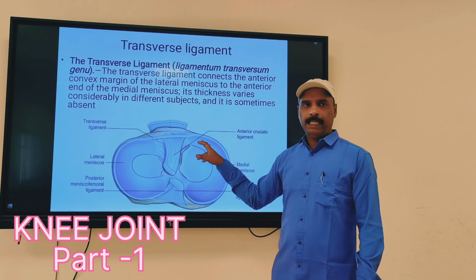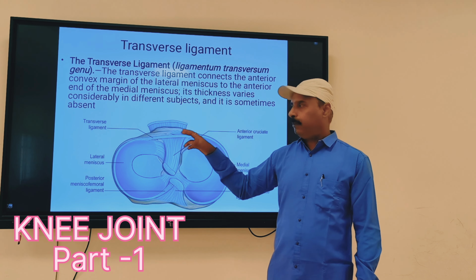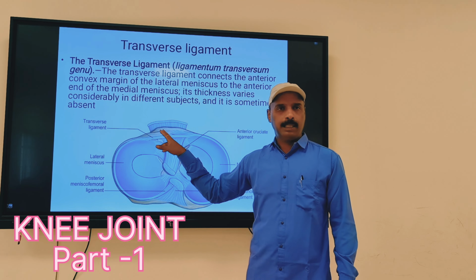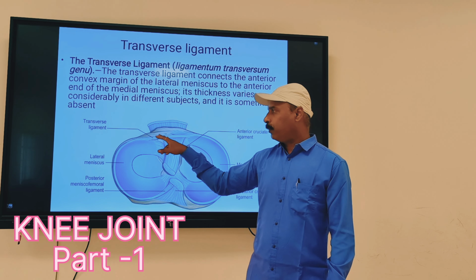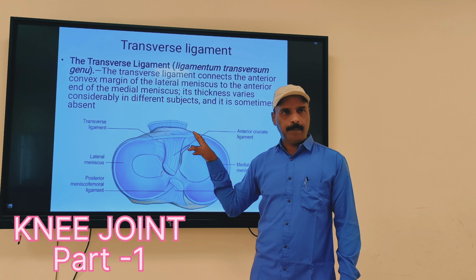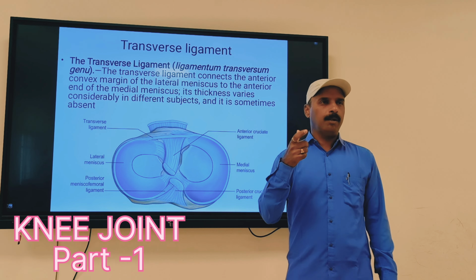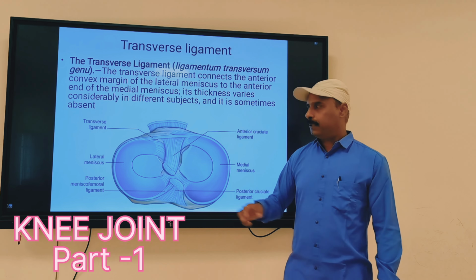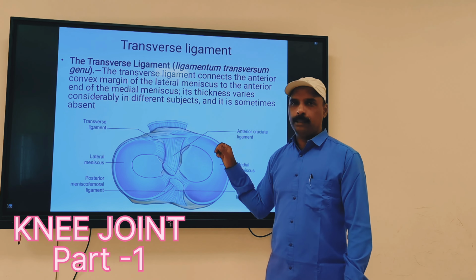The two anterior ends of the menisci are bridged by a fibrous ligament, the transverse ligament, which connects the anterior ends.